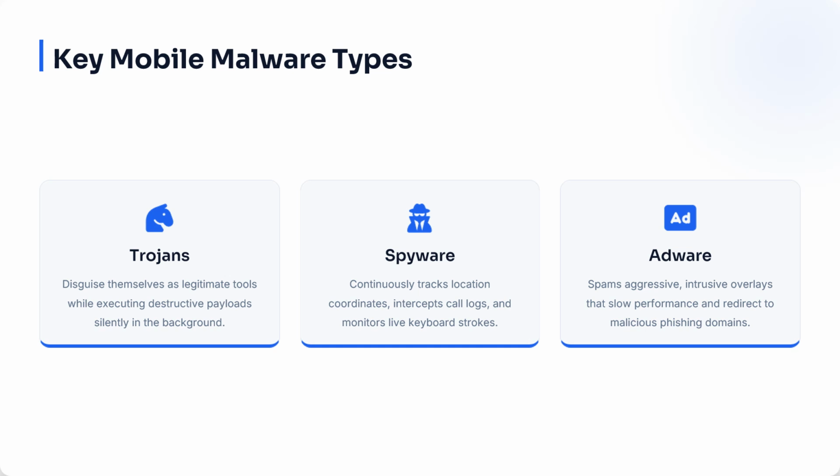This acts as a digital stalker. It runs quietly, tracking your precise location, reading your chat logs, and recording your keystrokes to steal sensitive information. Number three, adware. While it seems less harmful, adware aggressively spams intrusive overlays, severely degrades phone performance, and often redirects you to dangerous phishing websites.